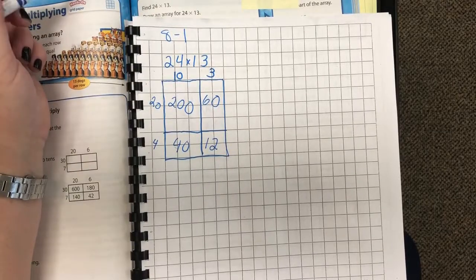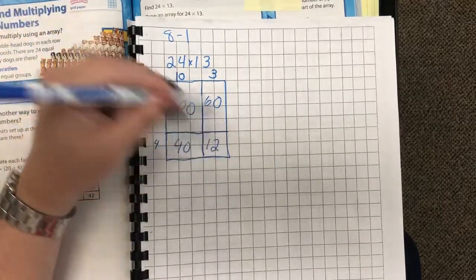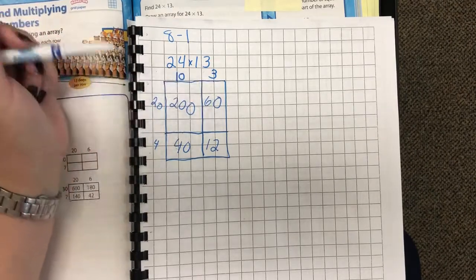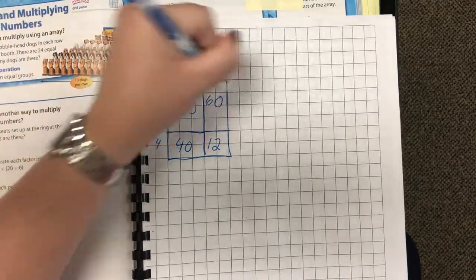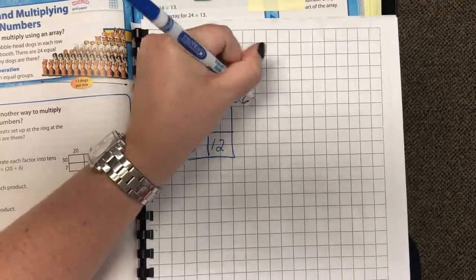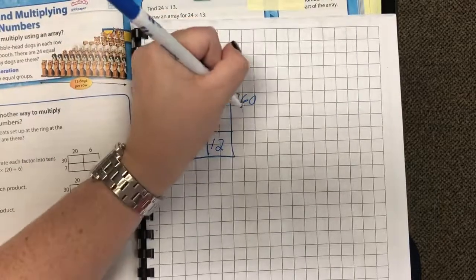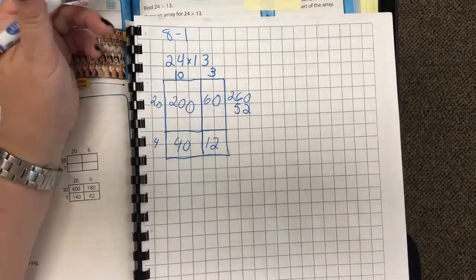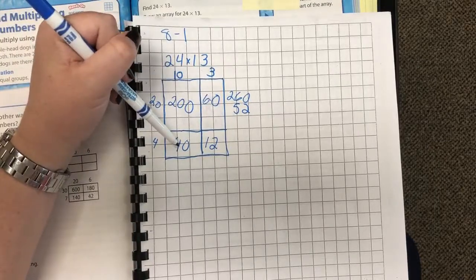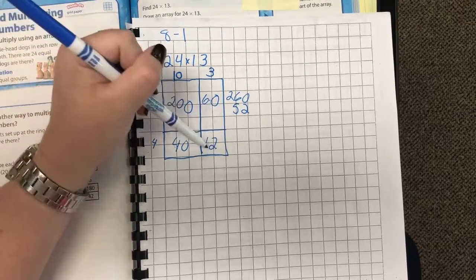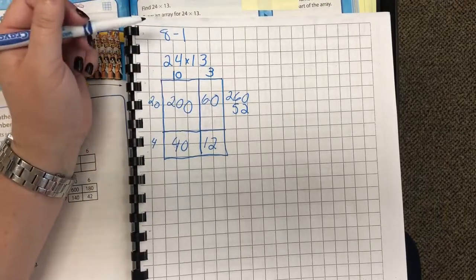Now, my next step is to add them all up. I can look at them and add them the way I want, or I can make it go sideways and add 200 plus 60 is 260. And 40 plus 12 is 52. I could add it that way. I could just do it in my head. 60 plus 40 is 100. 100 plus 200 is 300. 300 plus 12 is 312.